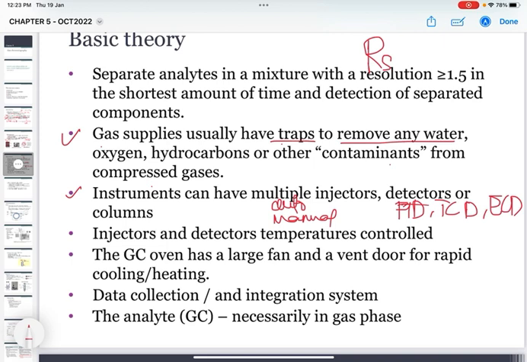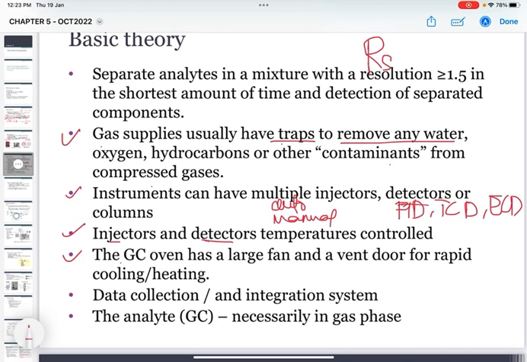And number 4, injector and detector temperature must be controlled. Temperature of the detector and injector must be controlled. There is a reason, we will discuss it in detail later. Then the GC oven has a large fan and ventilation door for rapid cooling and heating.